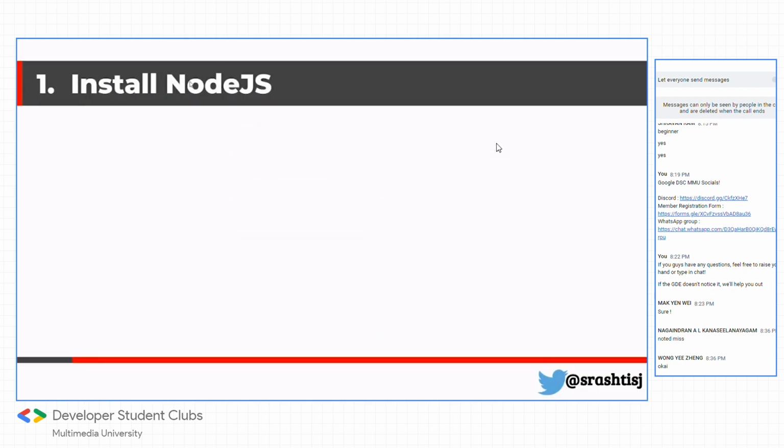First, before we go forward, we will need Node.js in our system. Why will we need it? Because we want to use npm, which is a sort of package manager.